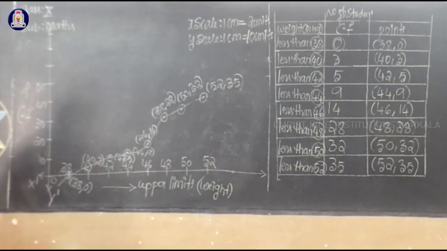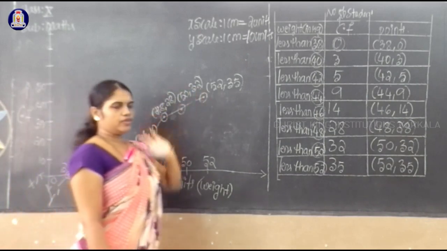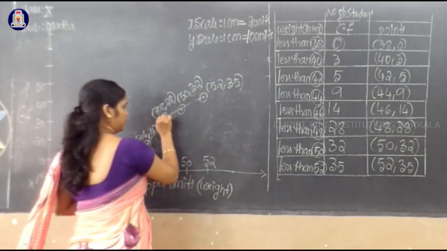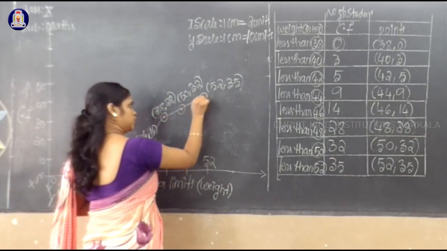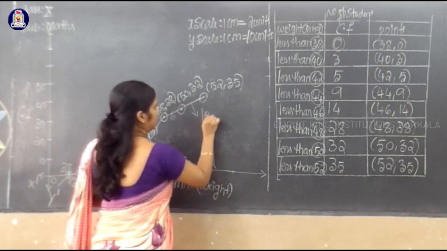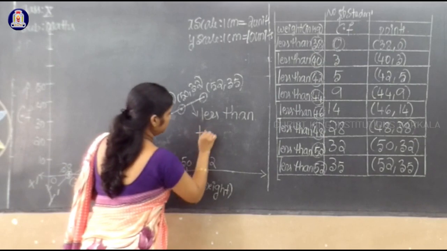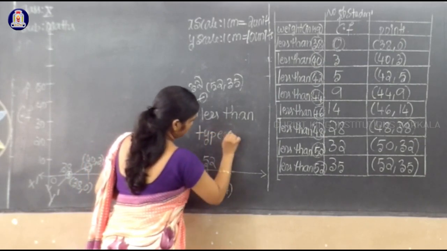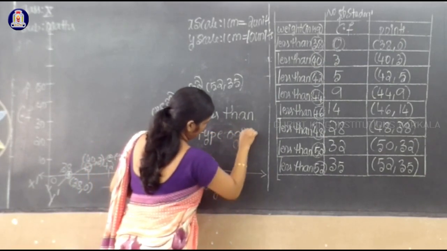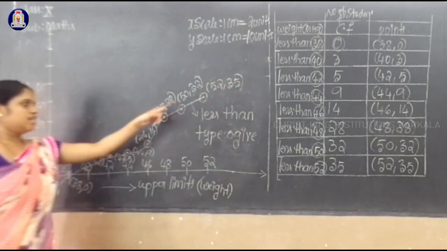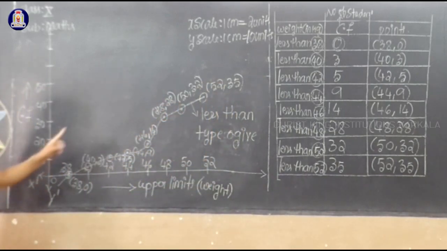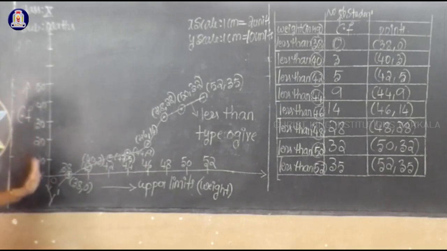After joining all these points, you will get one curve. That curve is known as a less than type ogive. The name of this curve is less than type ogive. This is also a 3 marks question, a very easy, simple question.